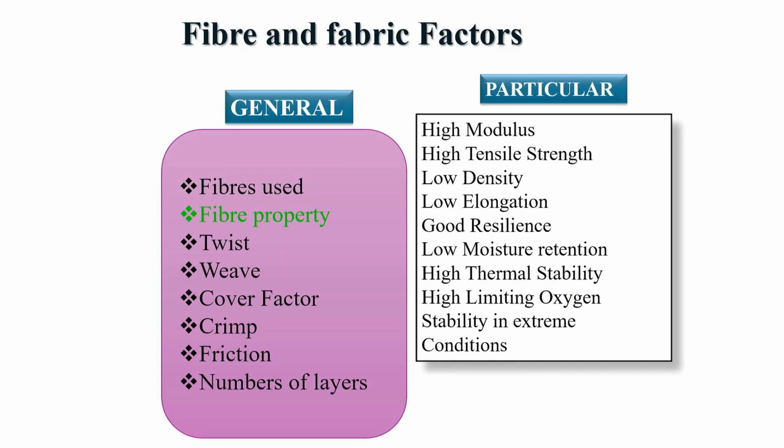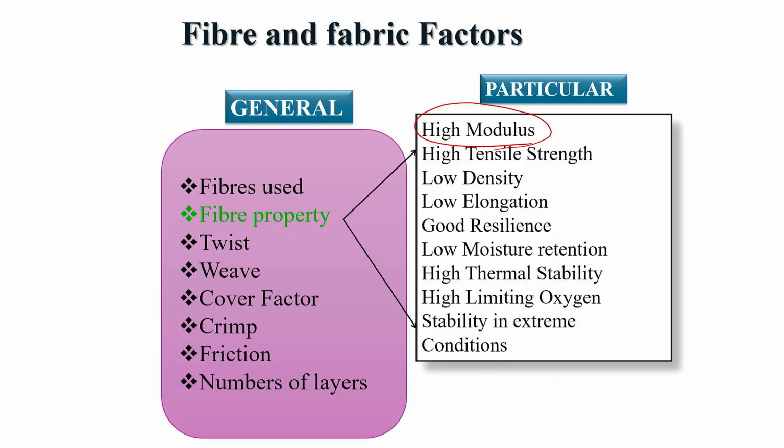Now, the fiber properties. What are the different types of fiber properties? These are the different properties, like it should have high modulus. If we use a fiber with a low modulus, the problem would be that it will get stretched and it will not be able to transmit the energy to a larger area.